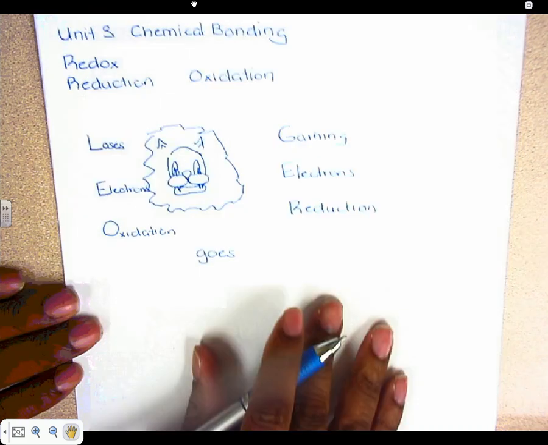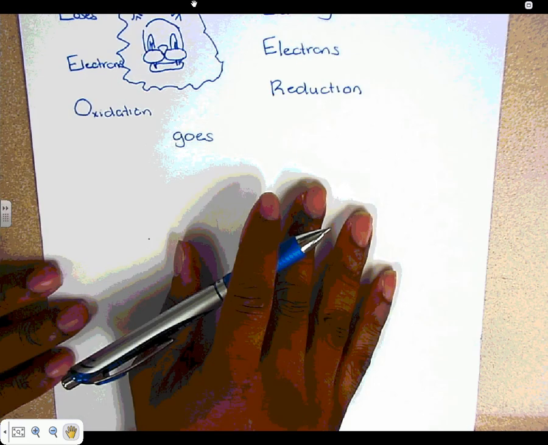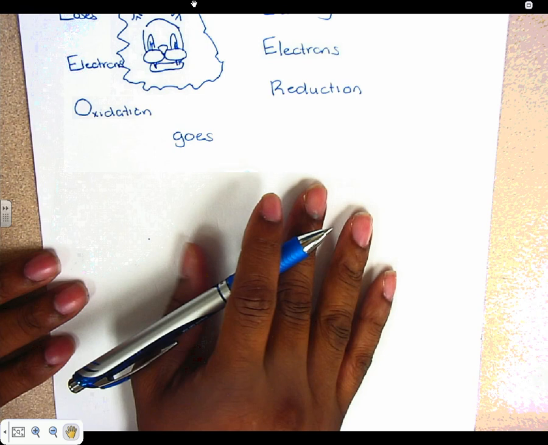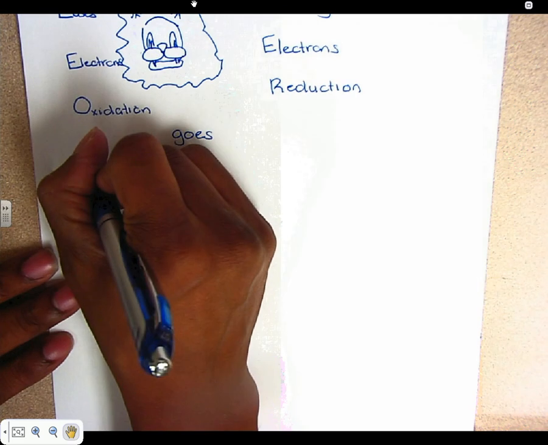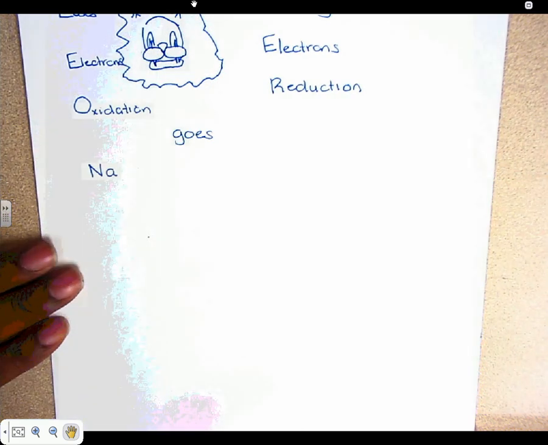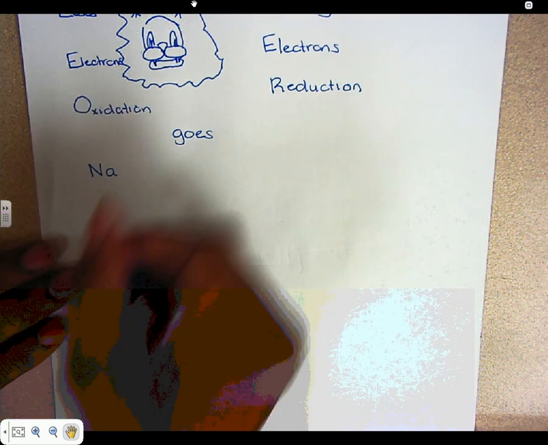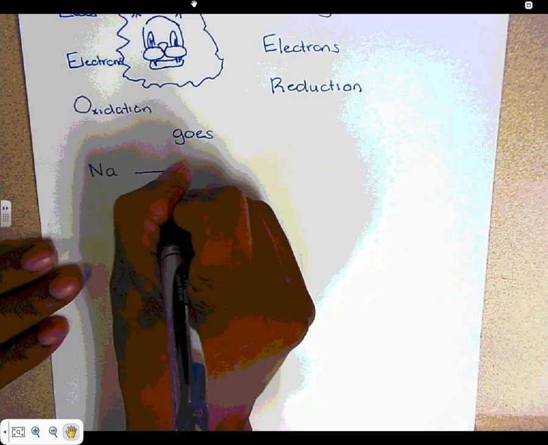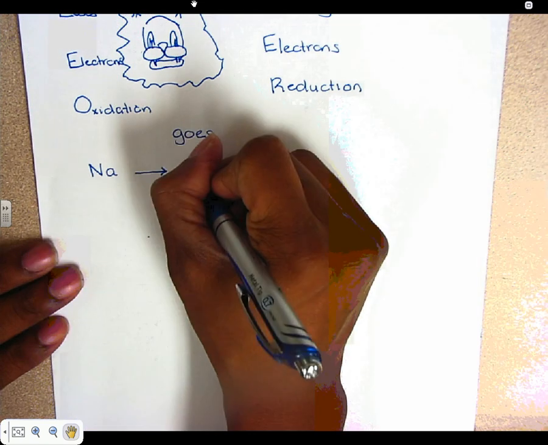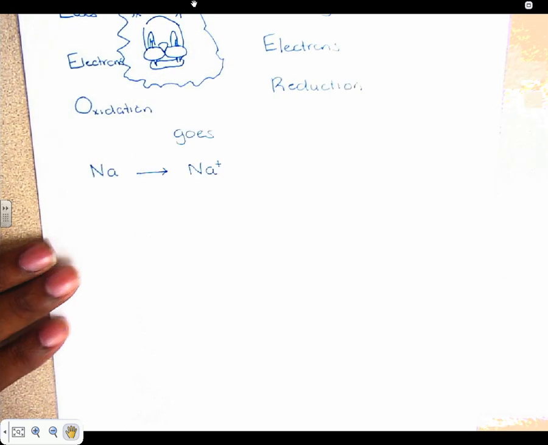And so when you're thinking about reduction, there are a couple of things that are going to happen. When you're talking about oxidation, the same kinds of things are going to be considered. So for instance, I'm going to start with a neutral element. We have a neutral element represented here. That element is sodium. It has the same number of electrons and the same number of protons. But sodium has a tendency of forming something called a cation.